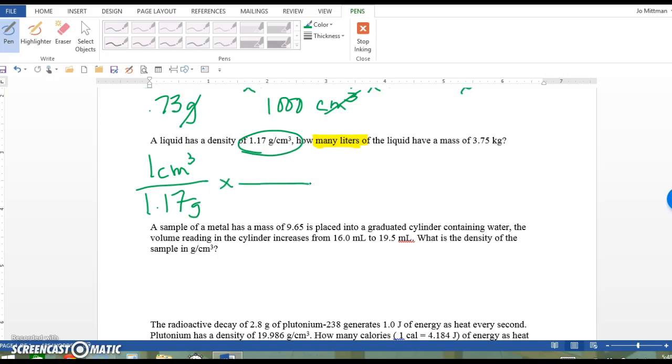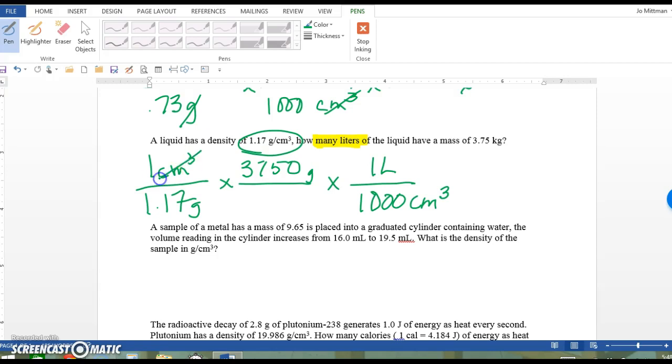And I'm going to convert kilograms to grams in my head, so a 3 decimal place move. There is nothing that goes in the denominator here, because this is not equal to anything. Now, from the previous problem, we know that if we have 1,000 centimeters cubed, that is the same thing as 1 liter.